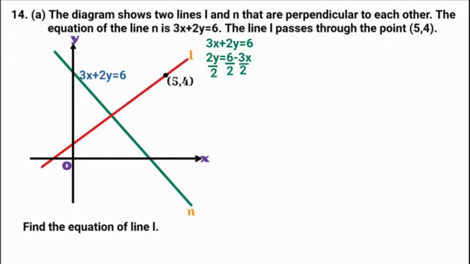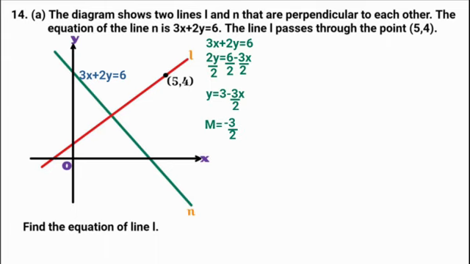Then 2y divided by 2 will give us y, 6 divided by 2 will give us 3, and negative 3x divided by 2 will be negative 3 over 2 x. At this stage we can get the gradient. The gradient for the first equation is negative 3 over 2.